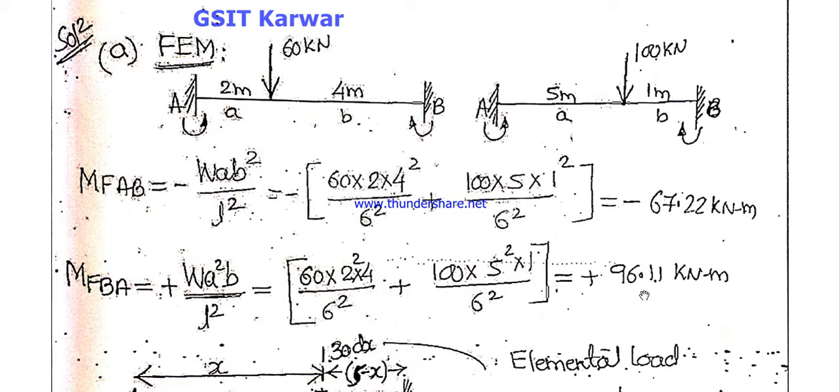You are getting 96.11 kilonewton meter. Here sign convention is very important. Don't forget sign convention. For fixed end moment AB it is minus, and fixed end moment BA is plus. You should write this sign, it is very important.